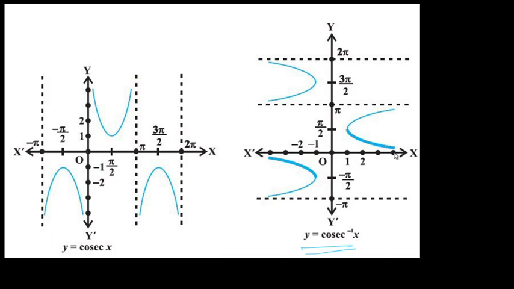Here it can go 1, 2, 3 on the right side, and similarly on the left side minus 1, minus 2, minus 3, etc. Along the y-axis you have plus pi, then 3 pi by 2, then 2 pi, and similarly here minus pi by 2, minus pi, minus 3 pi by 2, minus 2 pi, etc. So this graph represents y is equal to cosecant inverse of x.